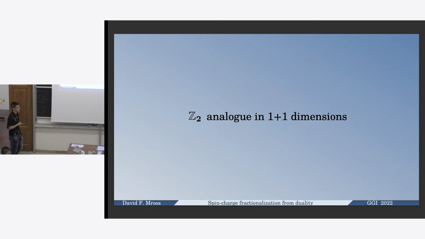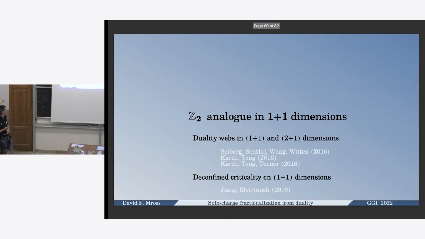And since this 2+1 dimensional boson-vortex duality is really all I used, as a basic ingredient, I can immediately take what I did in 2+1 dimensions, use this kind of dictionary between U1 and Z2 symmetries, and get some version in one lower dimension.